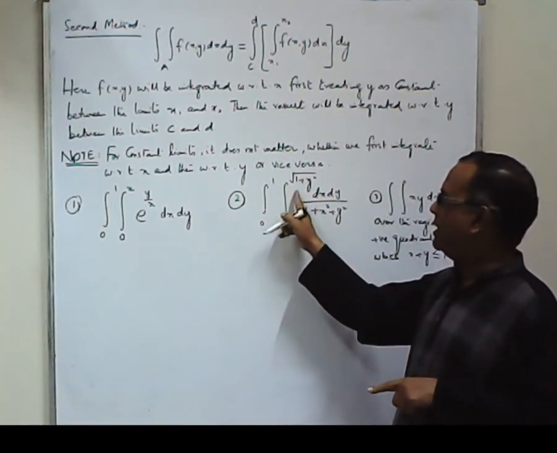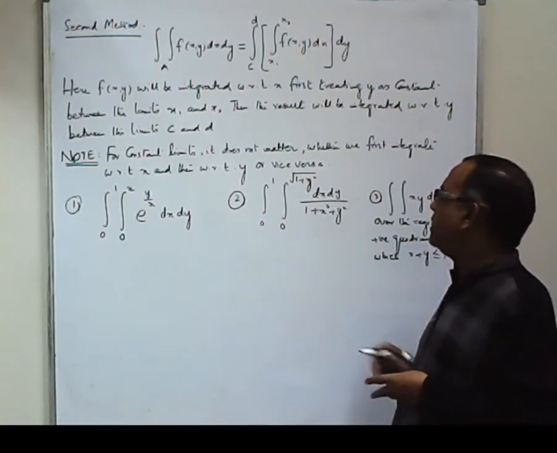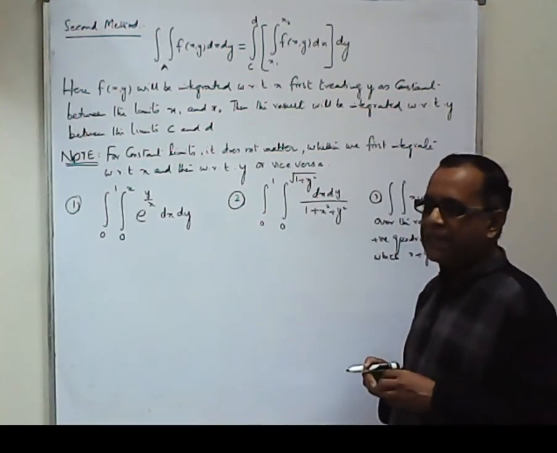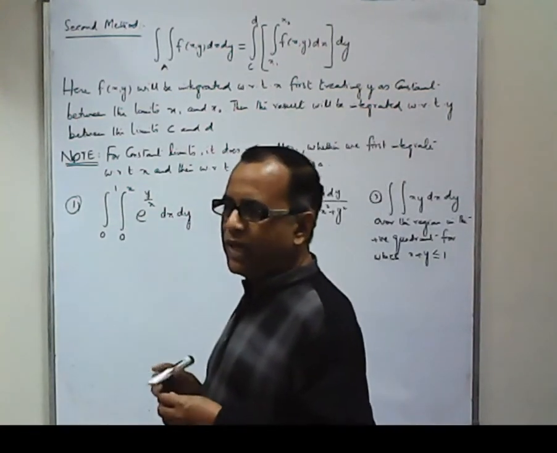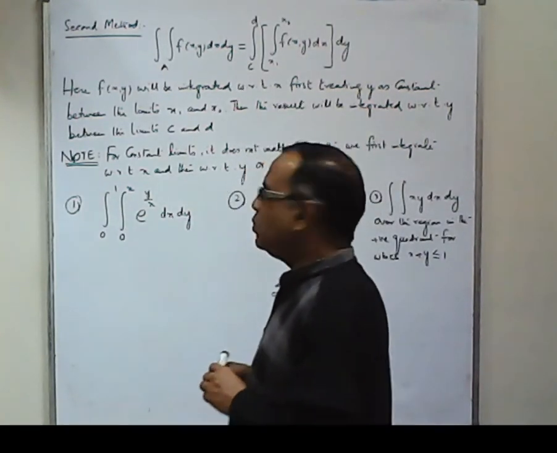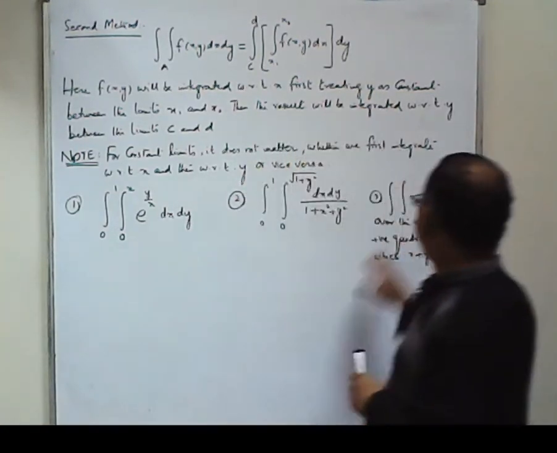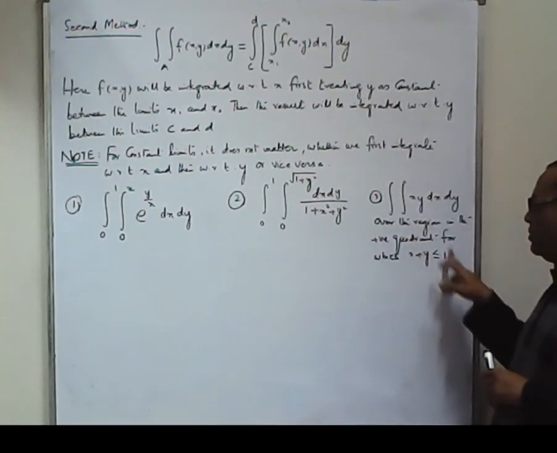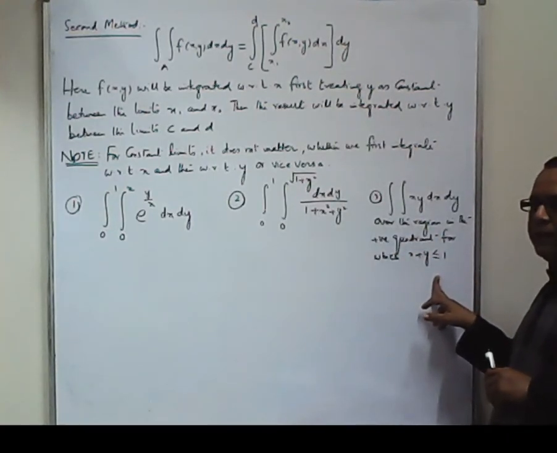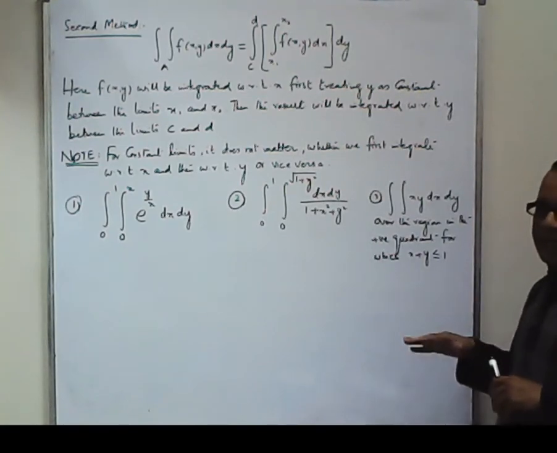So if the limits are in y, then you need to integrate with respect to x first, and if the limits are using the variable x, then it means you need to integrate y first. But if limits are in such a way that you do not know which thing is where, then we need to draw the figure and then we will decide.